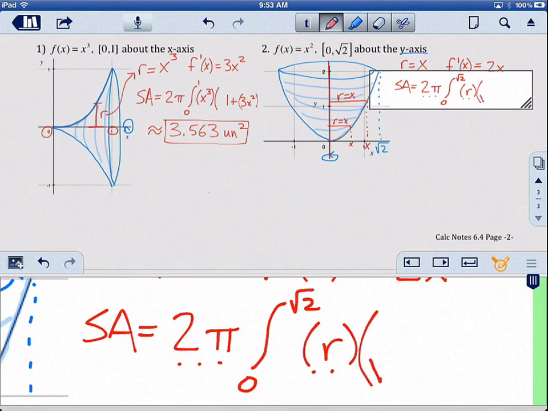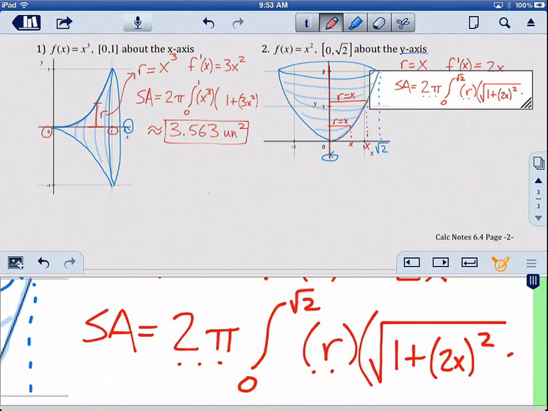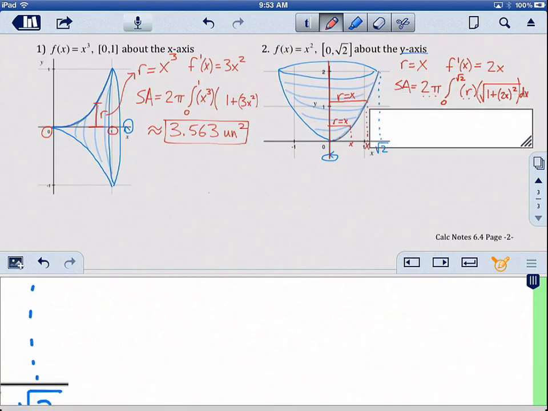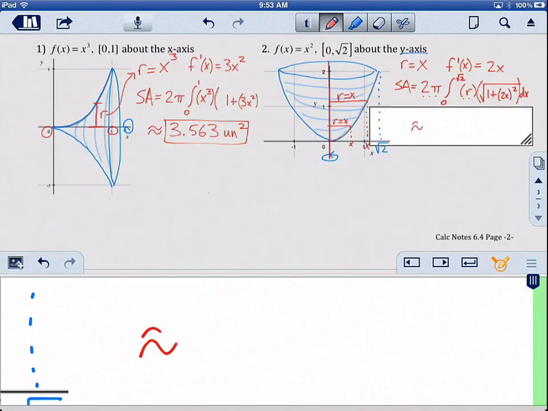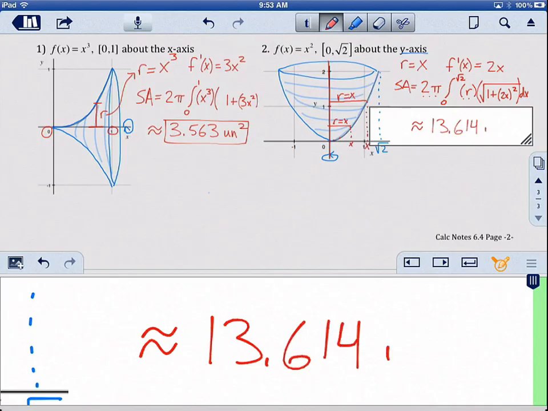So that's going to be the square root of 1 plus 2x, or f prime of x, squared. And all this is with respect to x. And we end up getting 13.614 units squared.